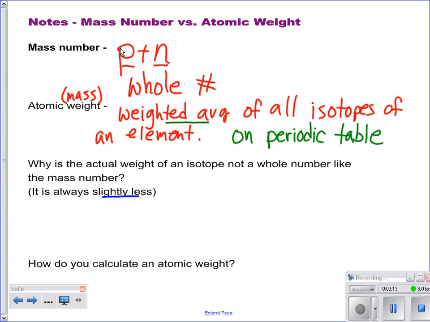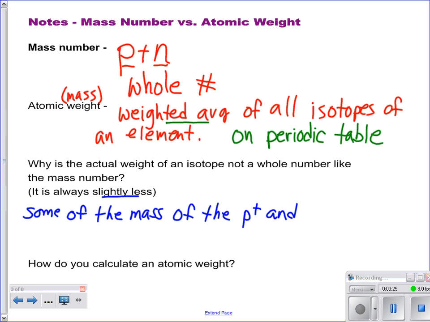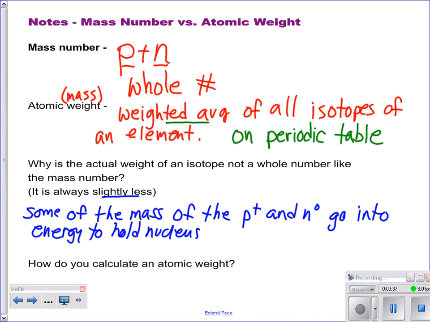So let's write this down. Some of the mass of the protons and neutrons goes into energy to hold the nucleus together.